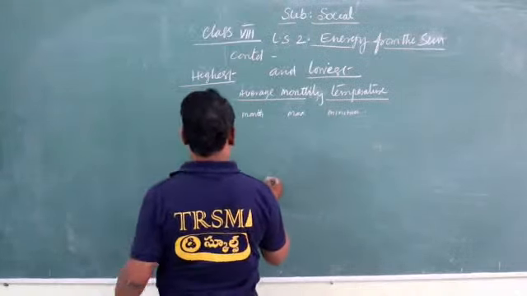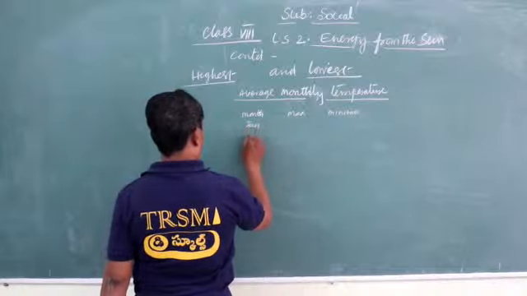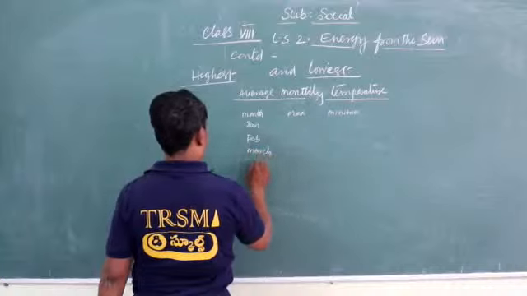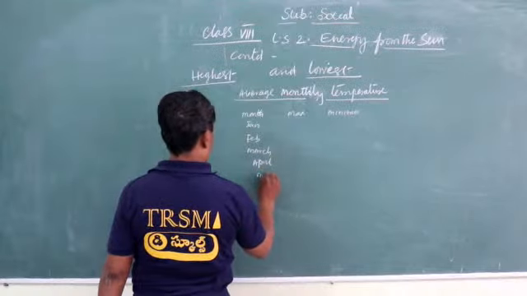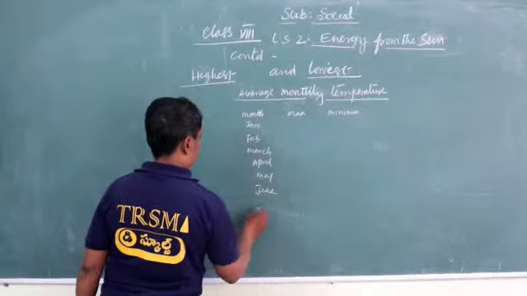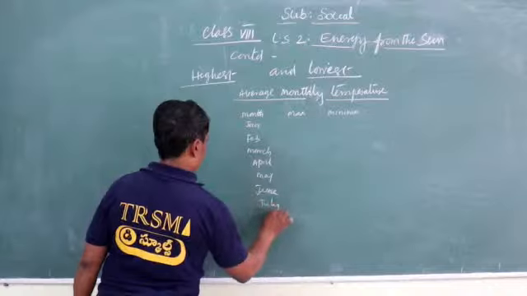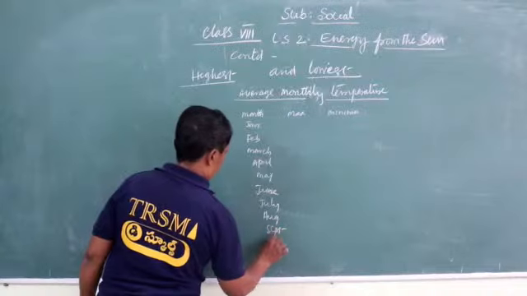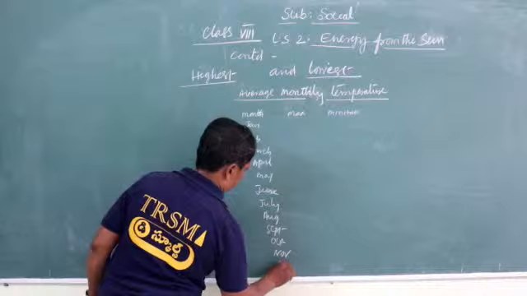Okay, so write the months: Jan, Feb, March, April, May, June, July, August, September, October, November, December.